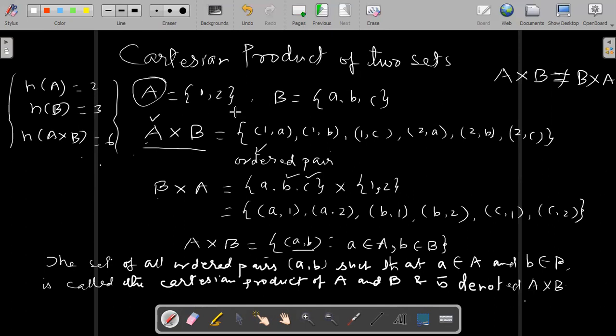If either A or B is a null set, then A cross B will be a null set. So if any one of them is infinite, the Cartesian product will be infinite, and if any one of them is a null set, their Cartesian product will be a null set.